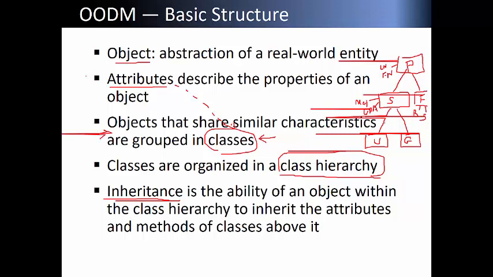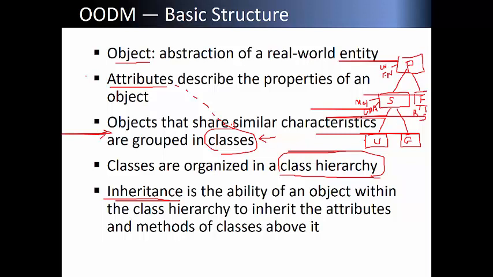Similarly, student has a subclass undergrad and a subclass graduate students. For undergrad, we don't need to define again last name and first name, or major and GPA. Both undergraduate and graduate students have last name, first name, major, and GPA.